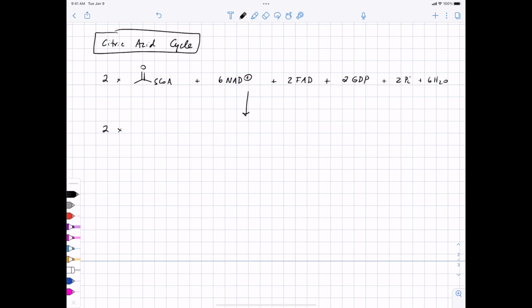Out of this, we're going to get 2 molecules of CO2 plus 6 molecules of NADH plus 2 molecules of FADH2 plus 2 of GTP, and then we'll have some protons that get removed.